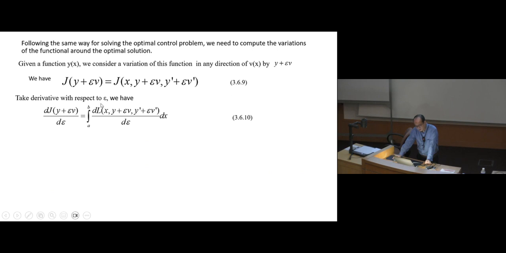This J, of course, is just the integral of L. Because this integral is over x, but epsilon is independent from x, we can take the derivative with respect to epsilon of the integrand directly and then do the integration.